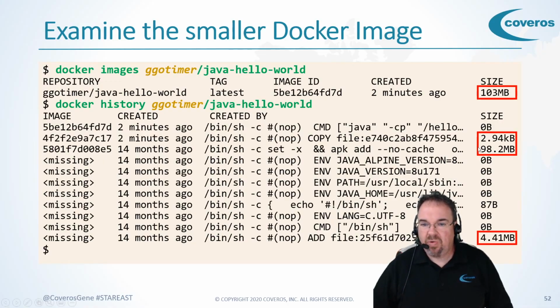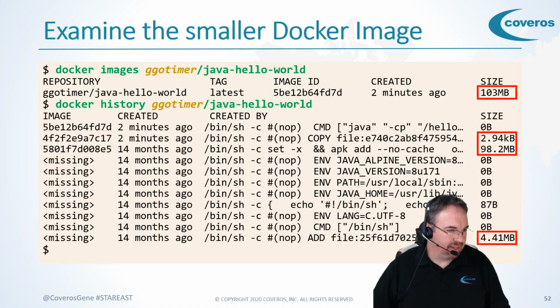And we copied just the piece we needed into this 100 megabyte file that has the Java. That was the OpenJDK Alpine distribution. So Alpine Linux, the OpenJDK on top of it, and then the file we copied, which was only a couple kilobytes. So we only end up with 100 megabytes.